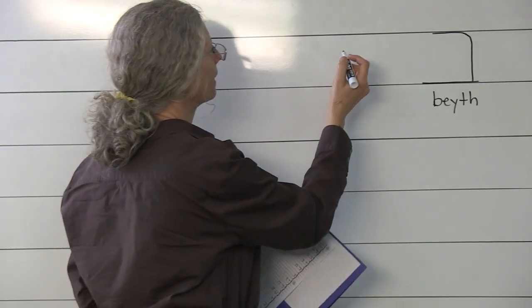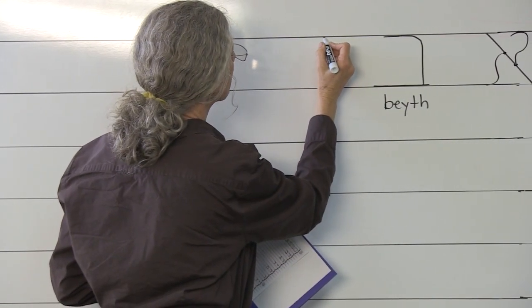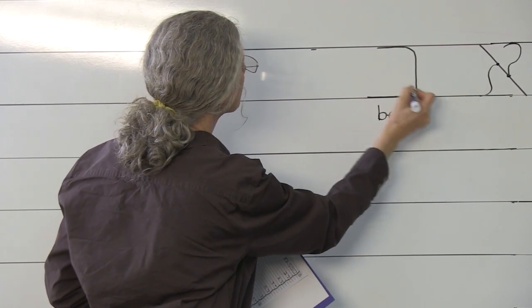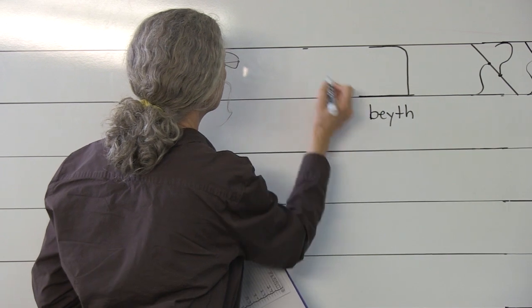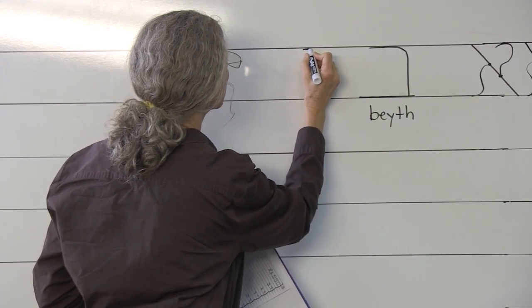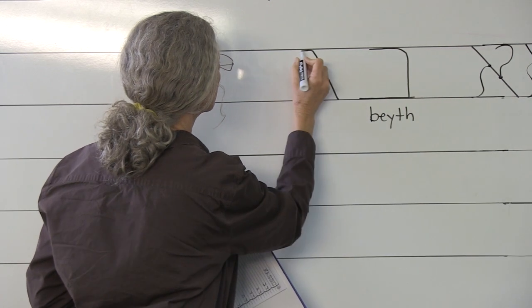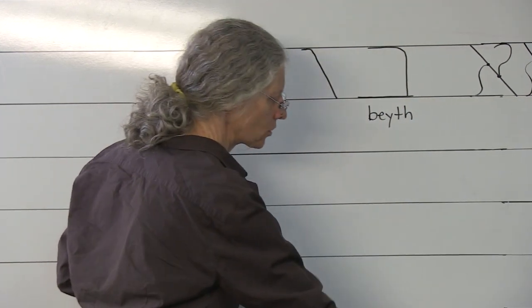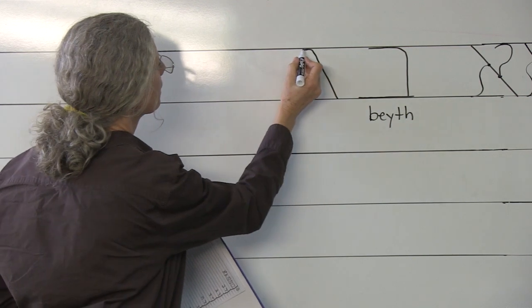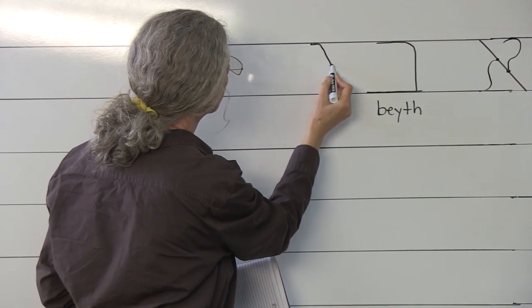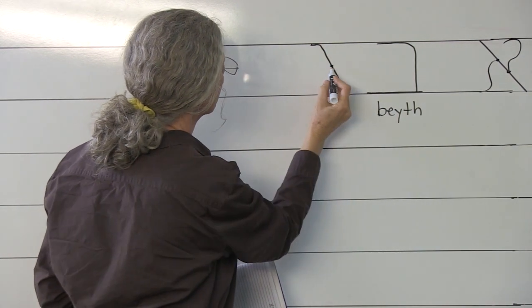Okay, so the next letter is a Gimel, and I'm going to do a little curve here. So this is a big curve, that's a Resh, made into a Beyth. A little curve, and it's definitely a diagonal here, okay? So it looks almost like a walking stick that you're walking and putting out in front of you. And then you're going to mark a little dot halfway into this line here.